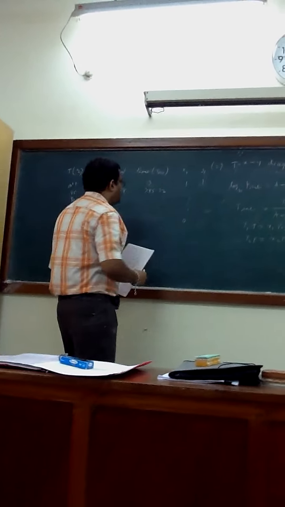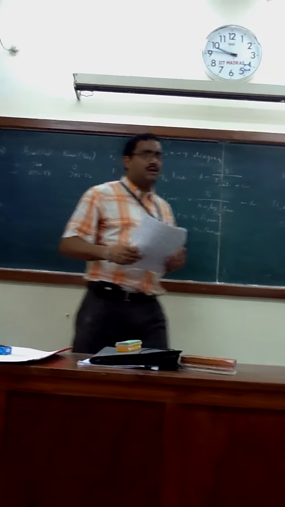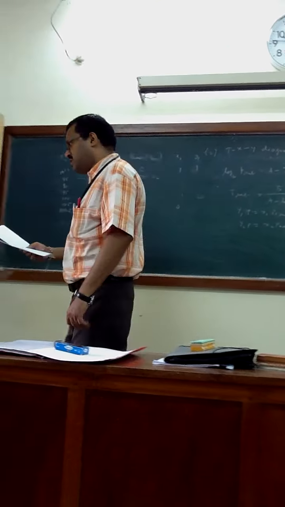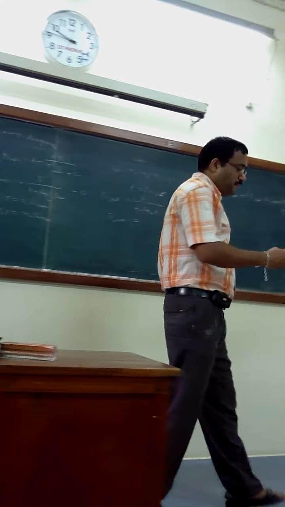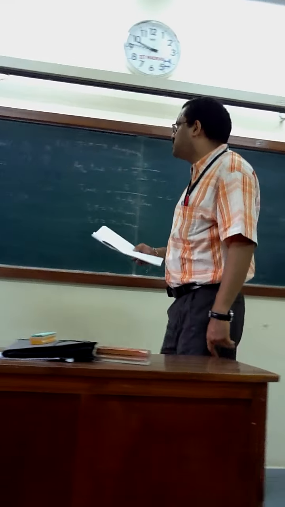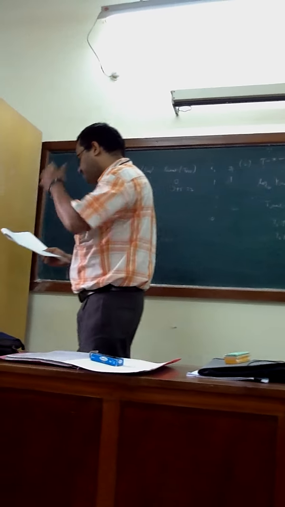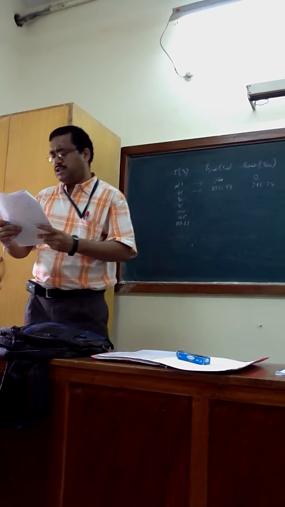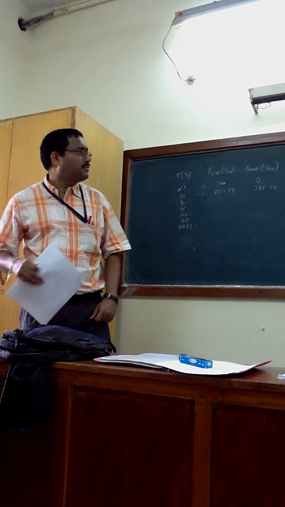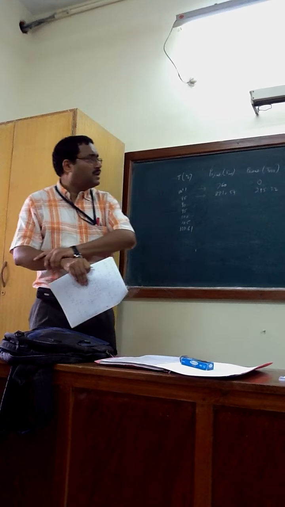We don't know x1. We have to calculate x1, which is P minus P2 sat by P1 sat minus P2 sat, the formula I have given. If you use that formula, you can calculate, because by now P1 sat and P2 sat are known. X1 is how much?